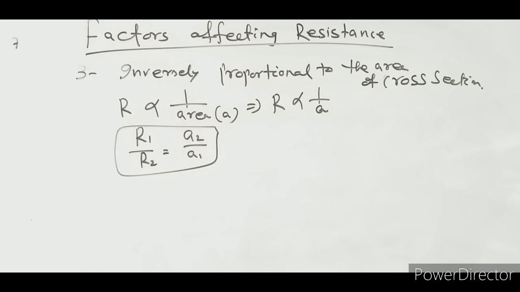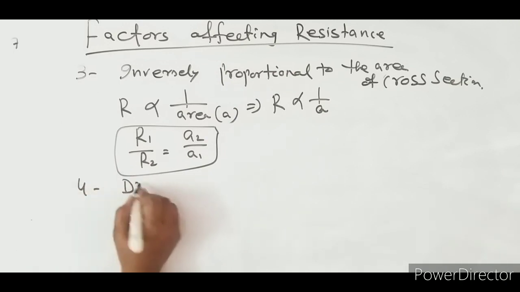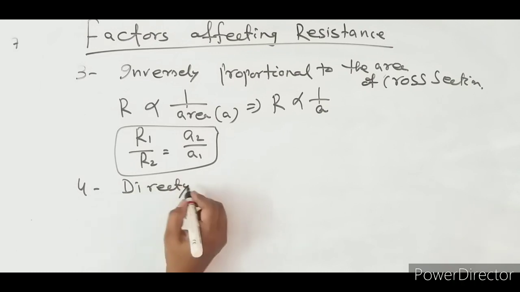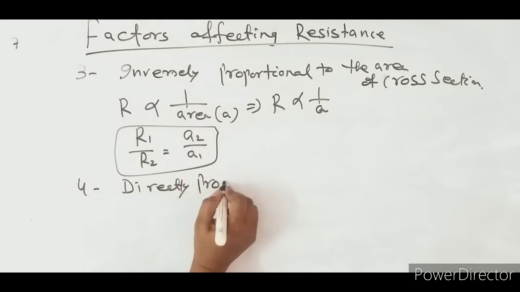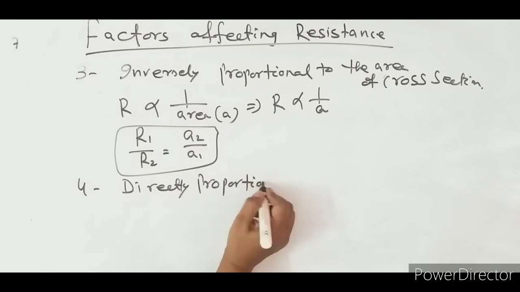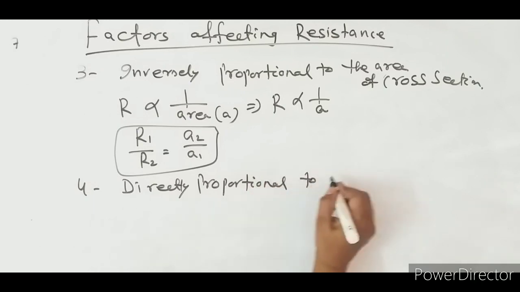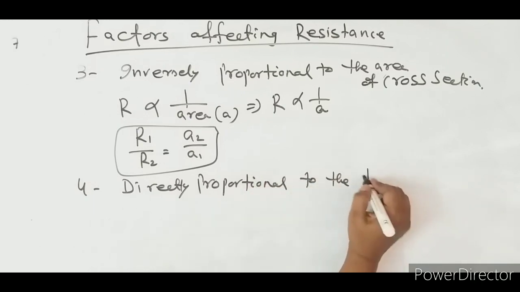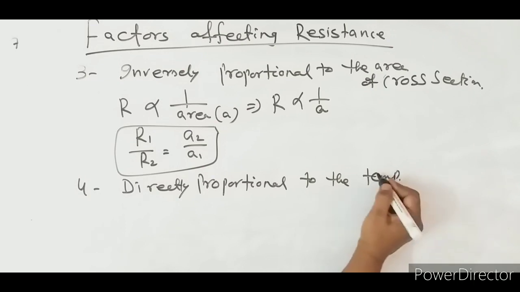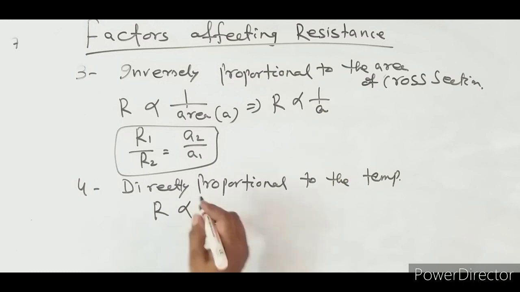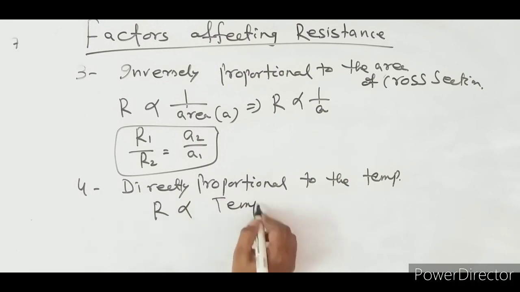All these we can make formulas for. Clear? Then another important one for us is the fourth one. It is directly proportional to the temperature. So R is directly proportional to the temperature.